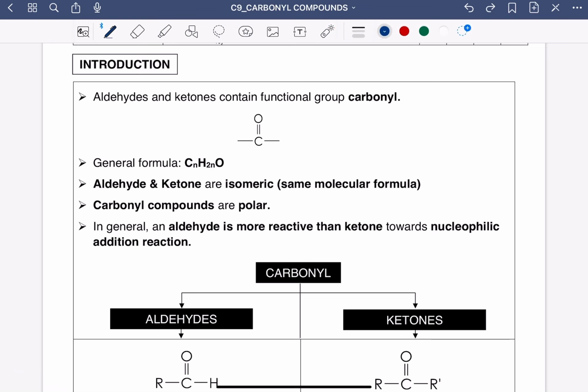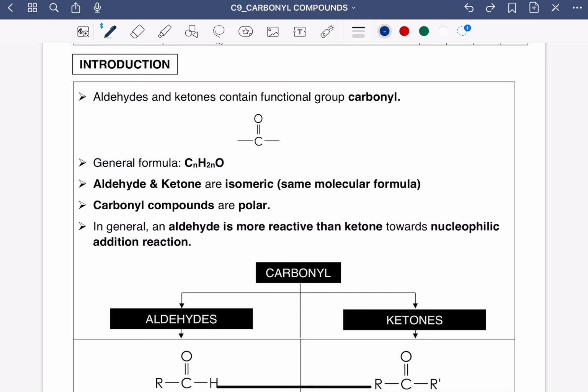I bet that all of you have heard about aldehyde and ketone. The functional group of carbonyl produces two types of compound, which are aldehydes and ketones.